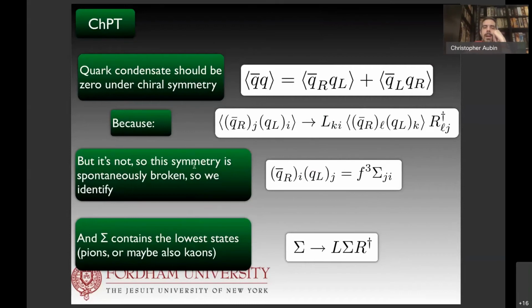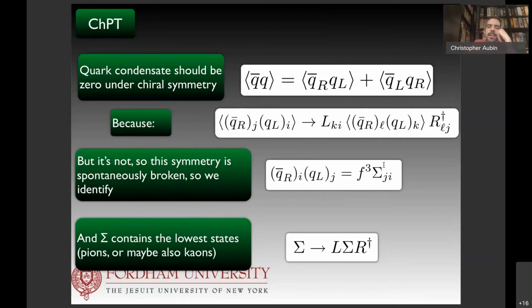And so somehow this symmetry is spontaneously broken. If you have a spontaneously broken symmetry, then you can write this operator in terms of some sort of object, I'm going to call it sigma. This is a different sigma than the correlation matrix from the previous lecture.